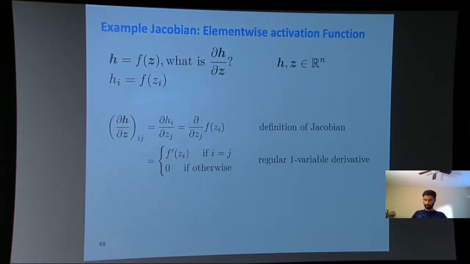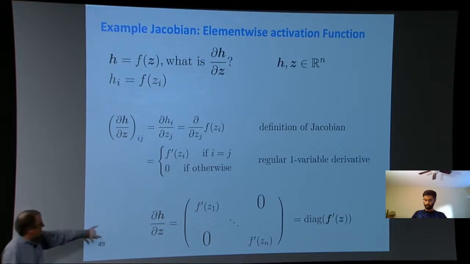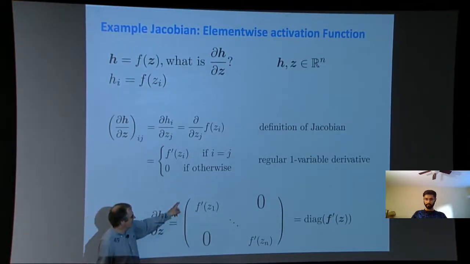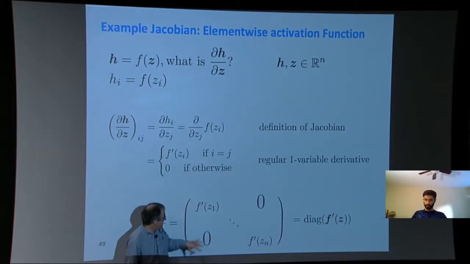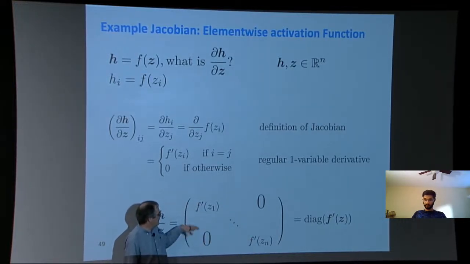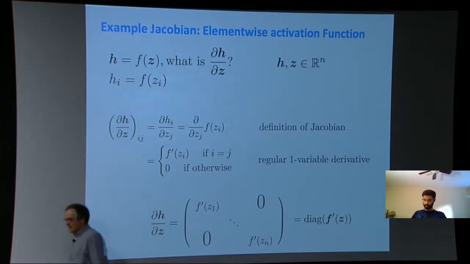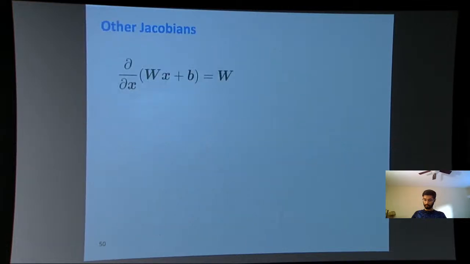So this is what our Jacobian looks like for an activation function: it's a diagonal matrix. Everything else is 0, and along the diagonal we have the derivative of the activation function, calculated for the different z_i values. Okay, so that's the Jacobian for an activation function.